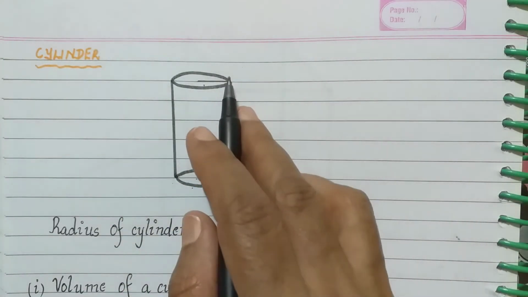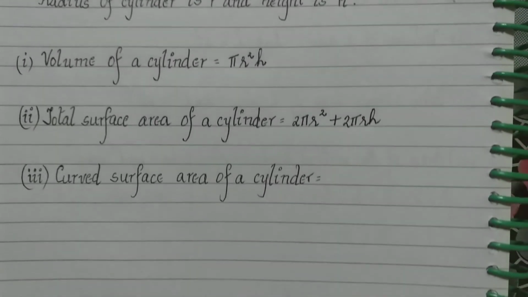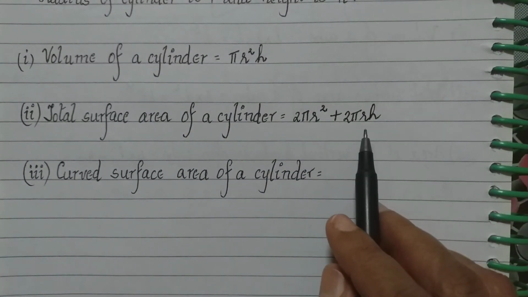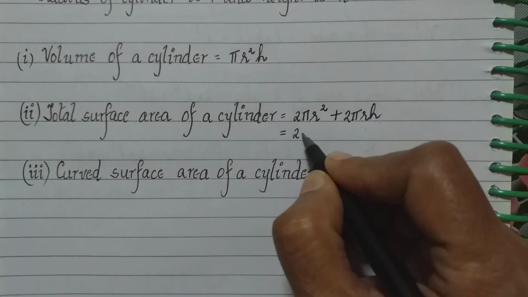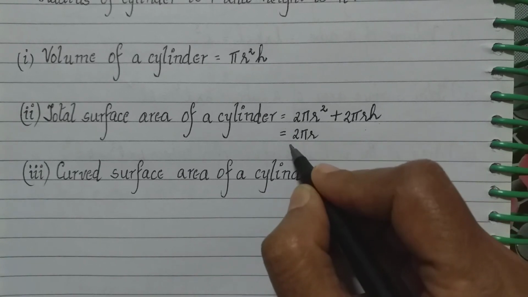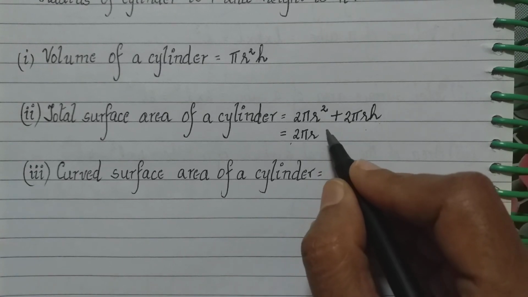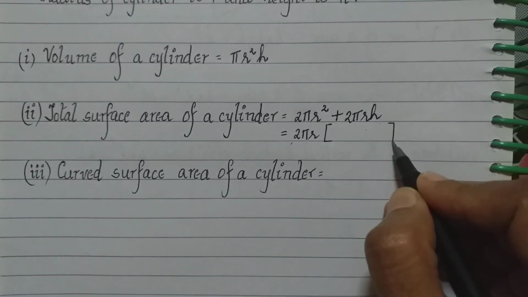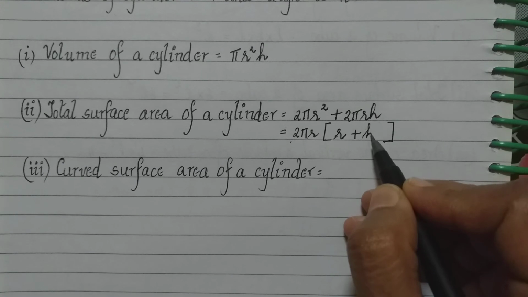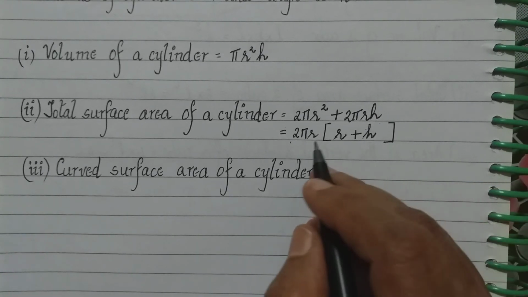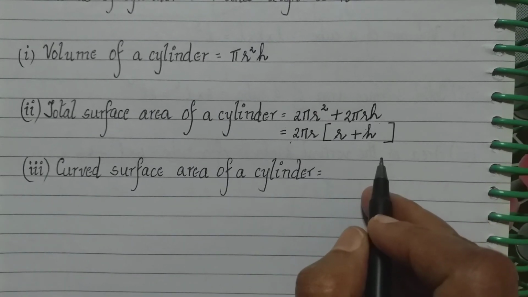So 2 pi r into the height, because the height of the cylinder is h. So 2 pi r h. So 2 pi r square plus 2 pi r h. In both of these, 2 pi r is common. You see, 2 is there, pi is there, r is there. So if we take 2 pi r common, what is left inside the bracket? Here one r is extra, here one h is extra. So 2 pi r into r plus h, or 2 pi r into h plus r. So this is the total surface area of a cylinder.